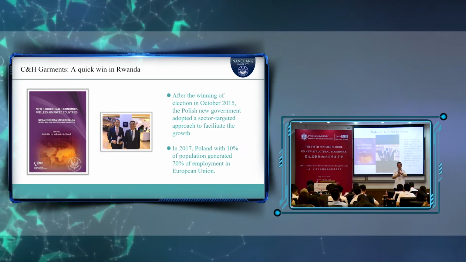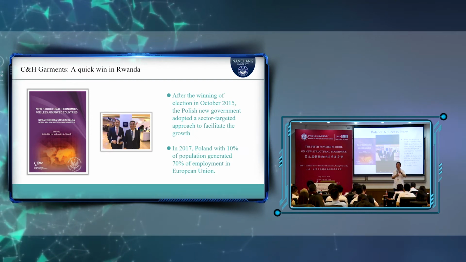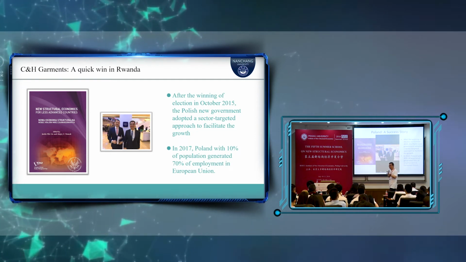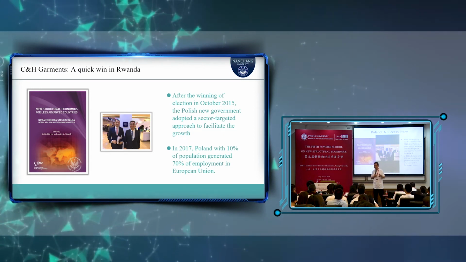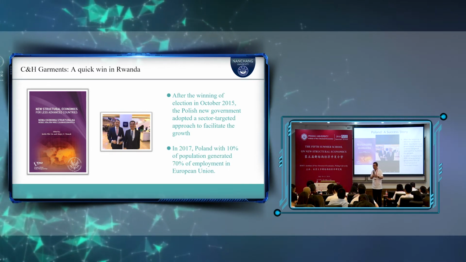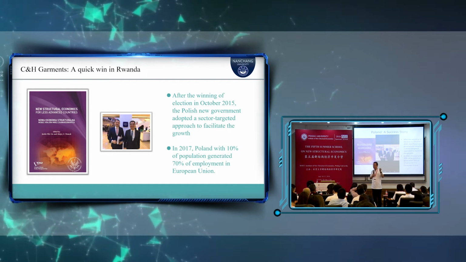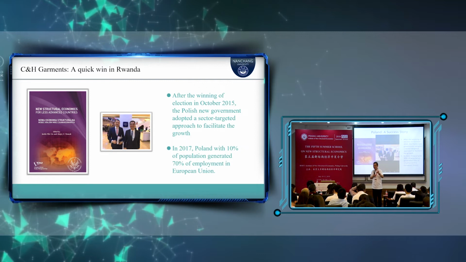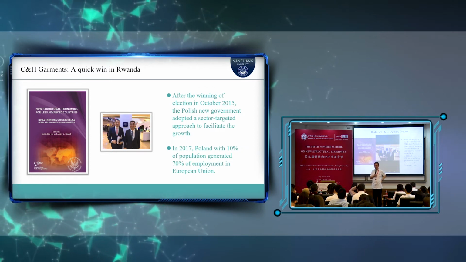So after the transition, you see a large migration of Polish young people with good education in medicine, engineering, and so on, to find work in Ireland, the United Kingdom, Germany and France.